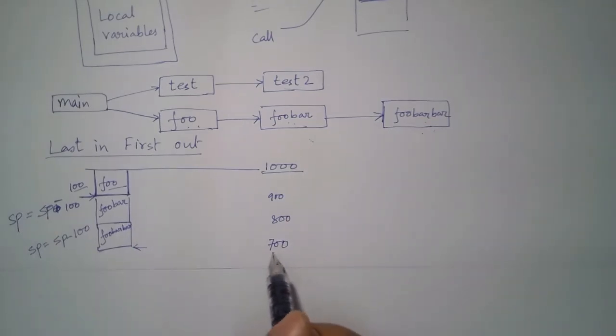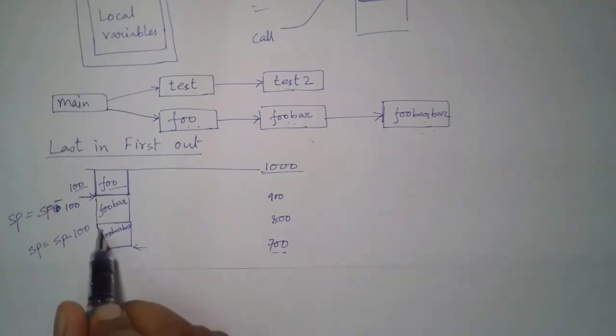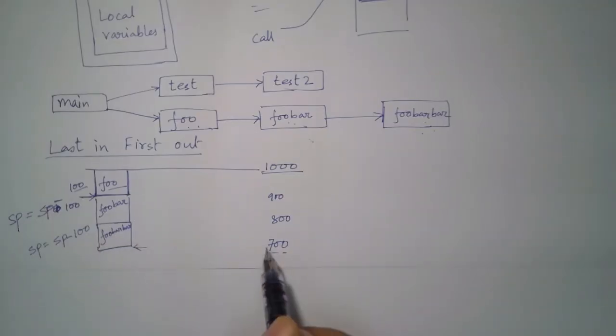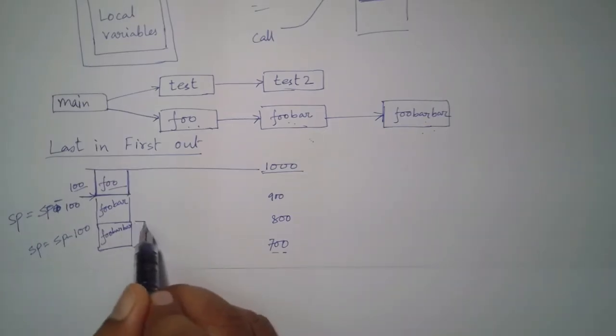So this is my stack pointer with respect to which I will be allocating new blocks, etc. Now how do we reclaim? Reclaiming is very easy with the stack function. Whenever I need to reclaim this block, I will just change my stack pointer to this location.